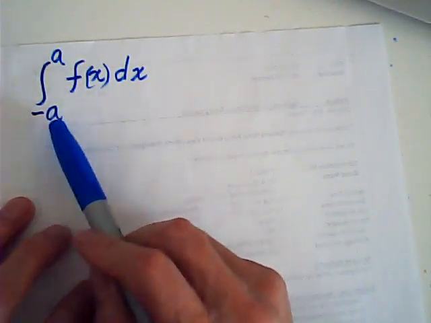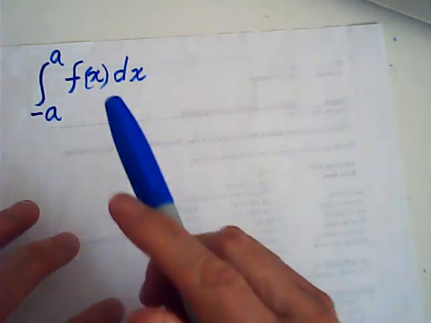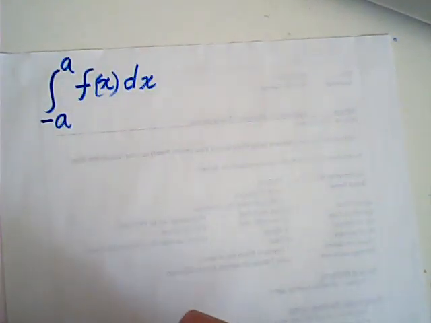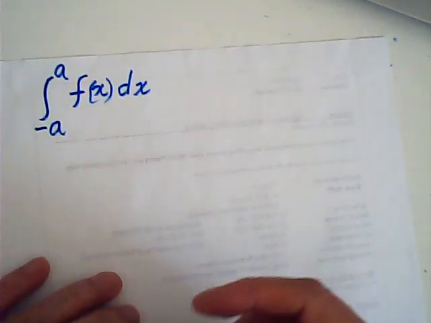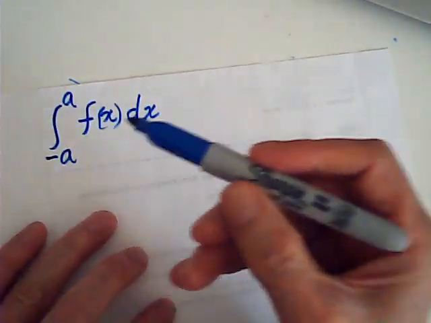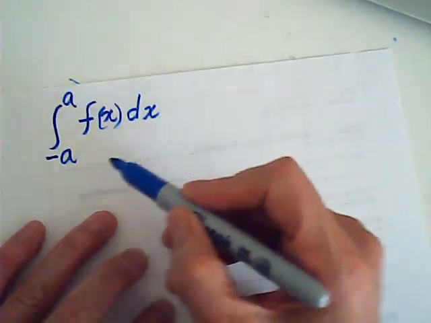When you have a definite integral from negative a to positive a, it has some kind of property which is quite useful for our integrations. Let me go into some details.